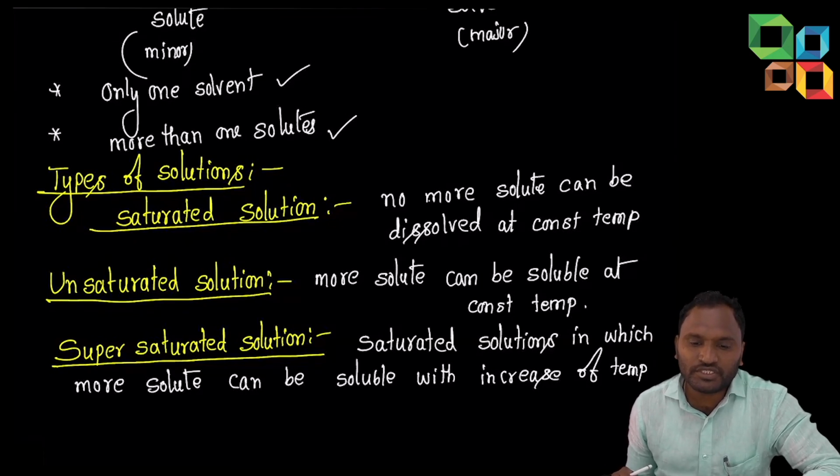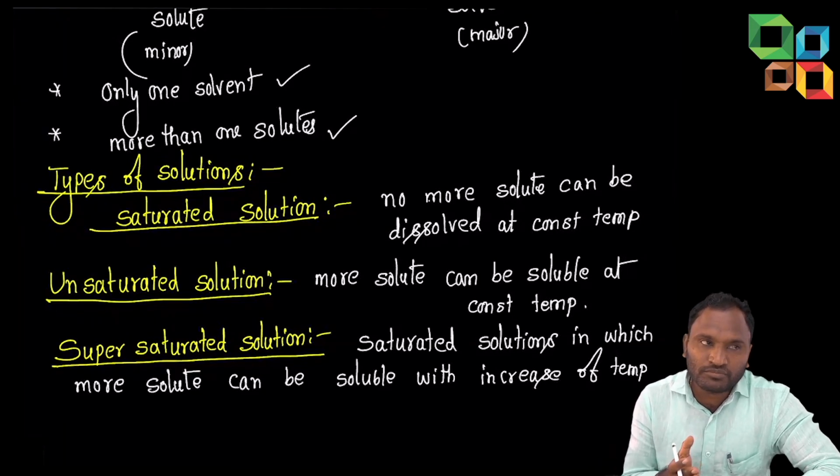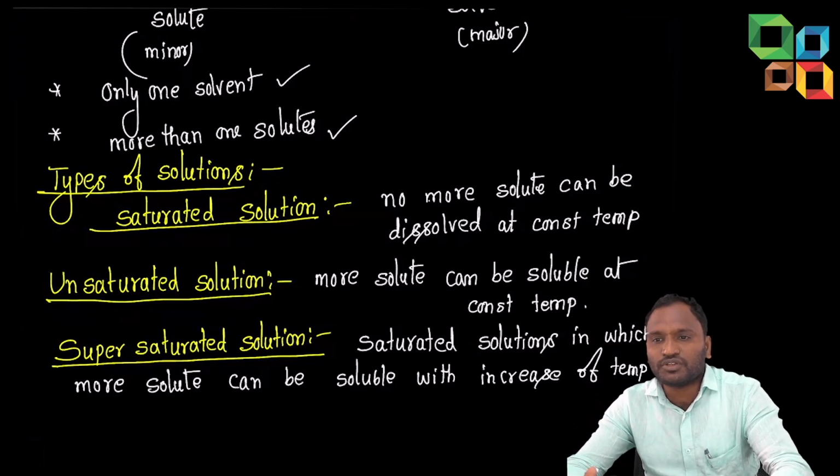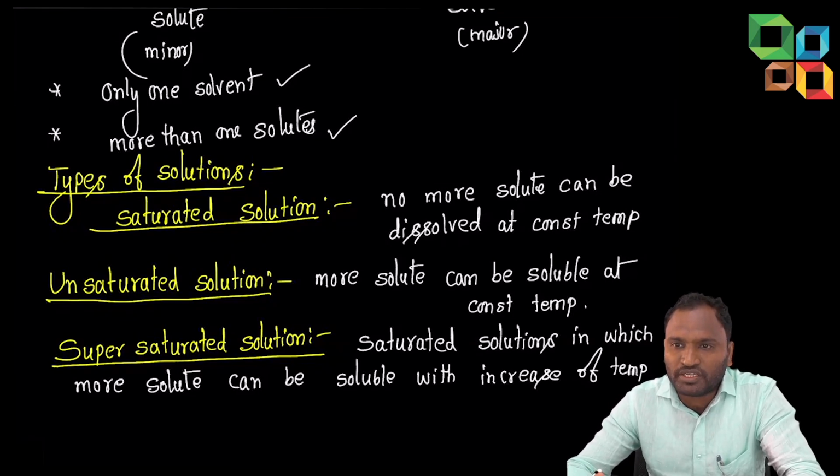Saturated, unsaturated, supersaturated solutions. And based on the solvent and solute phases, solutions are also classified into gaseous solutions, liquid solutions, and solid solutions. Can you give one example for a solid solution, students? Alloys. Very good.